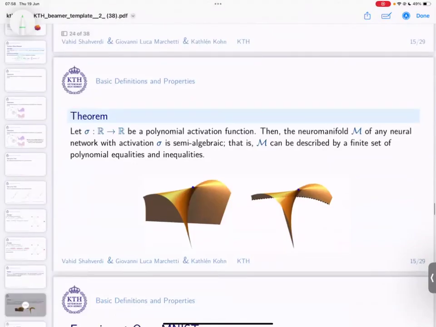So that's going to be the shape, for instance. In the surface, this Whitney umbrella is, for instance, the zeros of this polynomial. And I can have polynomial inequalities, like f1 equals 0 and f2 bigger or equal than 0. So you see that your space can be cut, so you get some boundary points. But the whole point is that this neuromanifold is the zeros of some polynomial equations, and it satisfies some polynomial inequalities.